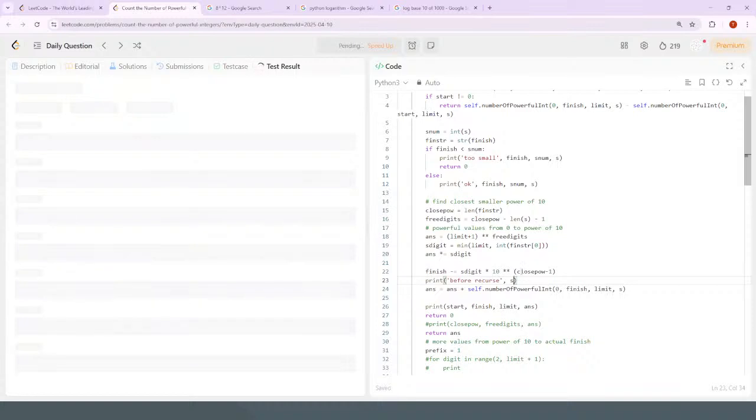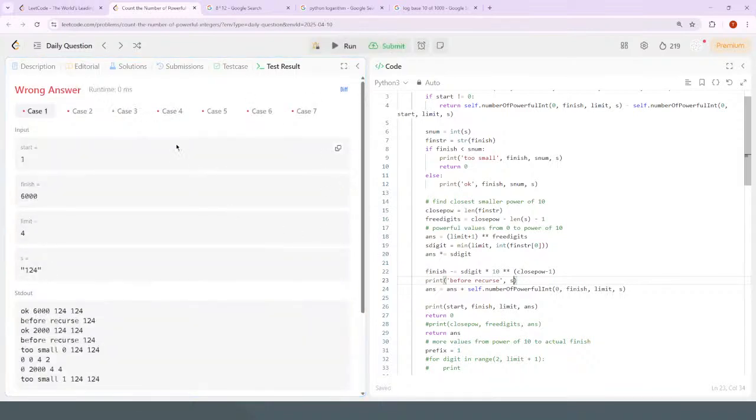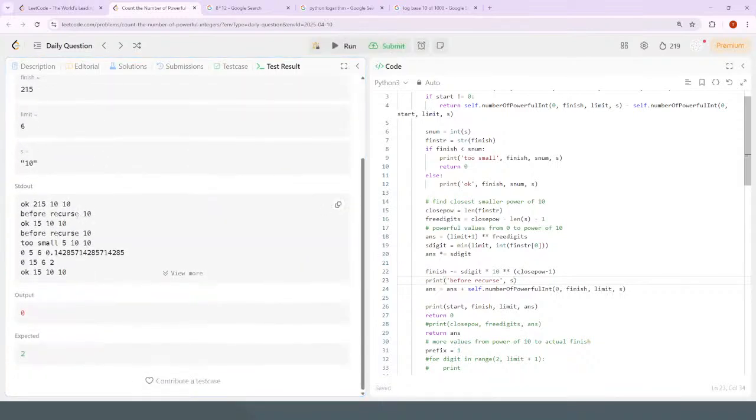What is going on here? Okay, S is 10. Too small is 10. So return 0. And then, oh no, it's printing out the answer. The answer somehow was 0.14.